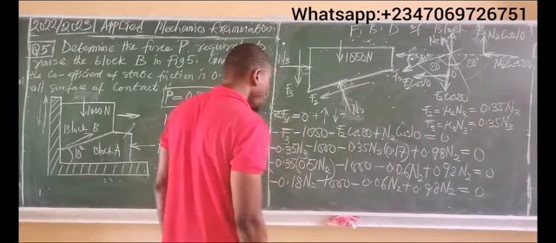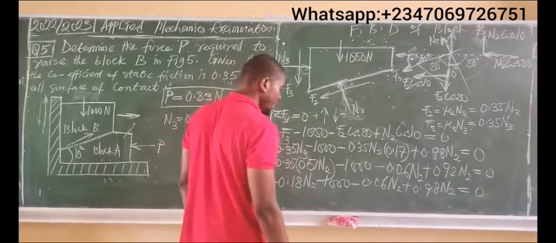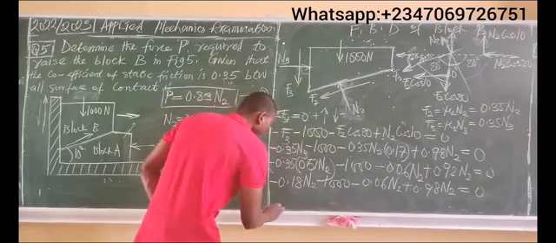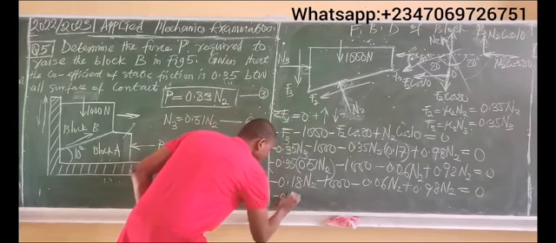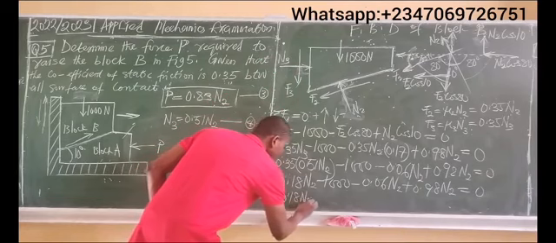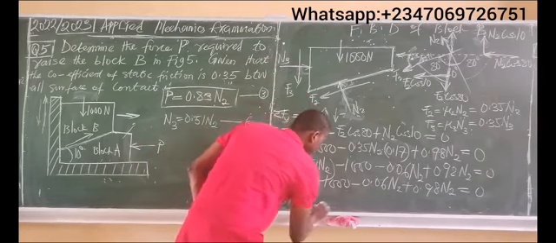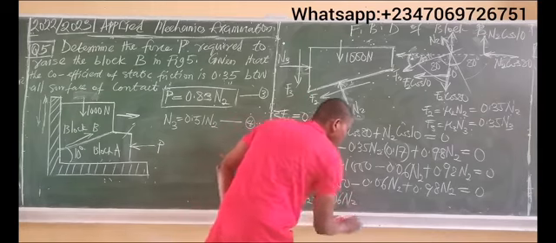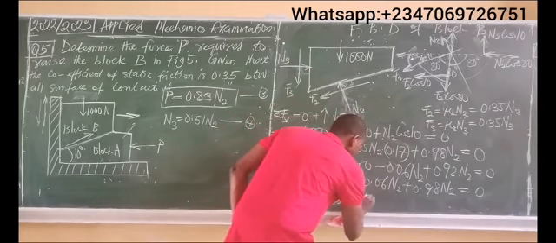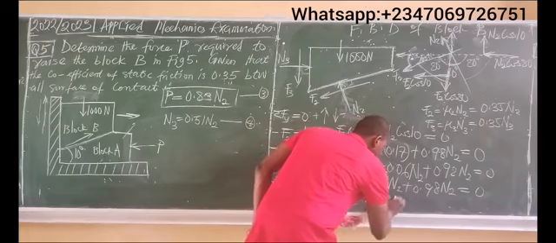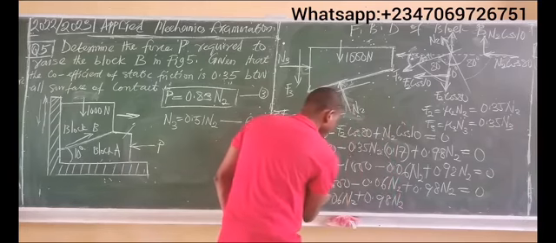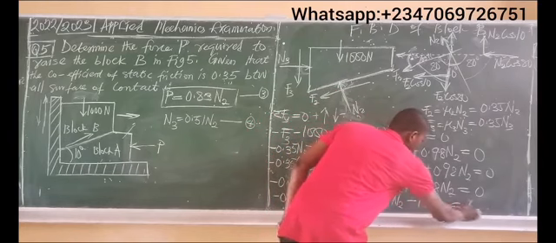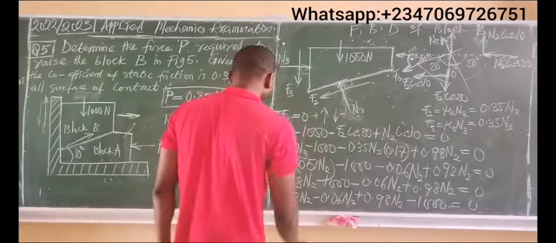So what we'll do at this point is collect like terms, bringing together all the terms that contain N2. So I have minus 0.18 N2, here I have minus 0.06 N2, I have plus 0.98 N2, then I have minus 1000, and this is equal to 0. So we can now evaluate this.